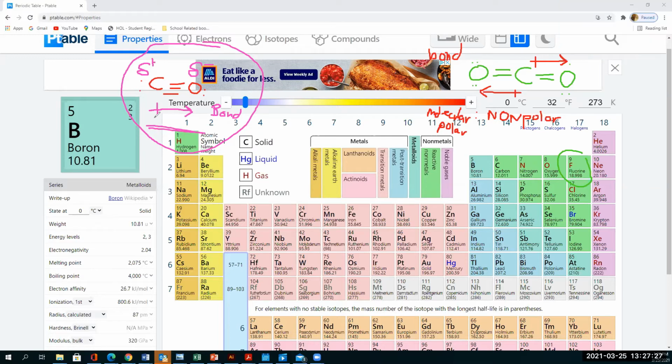Yes, it is, because one's losing and one's gaining. Well, it's not necessarily that one is losing; they're still sharing, right? Remember, it's still being shared. It just means that the electrons between them are spending more time around the oxygen than they're spending around the carbon. So you're right, it's uneven. Since it's uneven, that means that it's asymmetrical. It doesn't have symmetry.